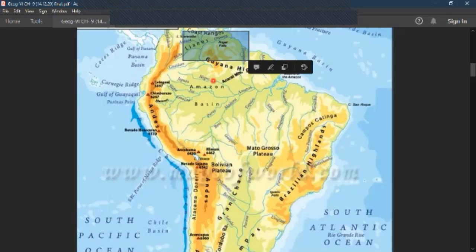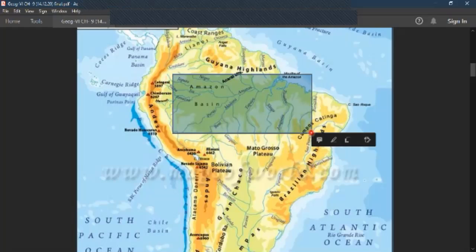South of the Llanos, the Amazon lowlands are called selvas. It is a region of dense equatorial forest.